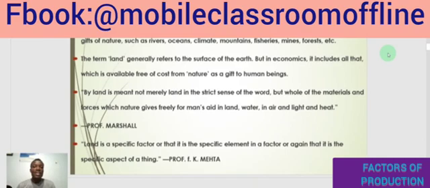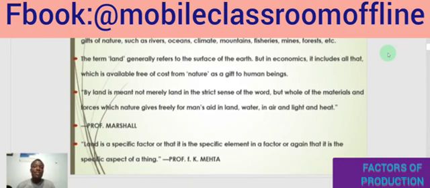So it can be rivers, it can be oceans, it can be the climate, it can be mountains, it can be fisheries, it can be mines, forests, anything at all that is given free by nature that man need not pay for, we call it land in economics. So we say that it includes all items that are available free of cost, which can be used in the production process.